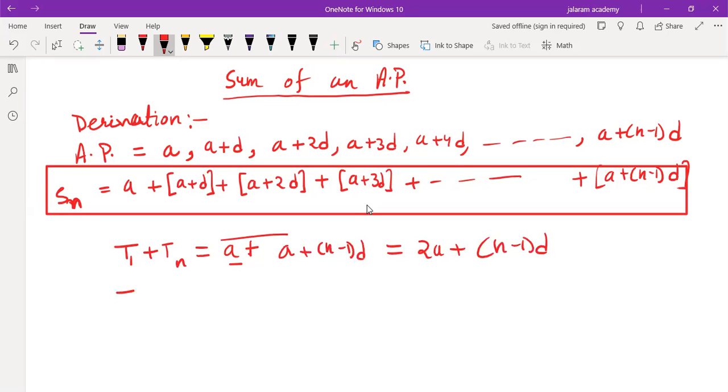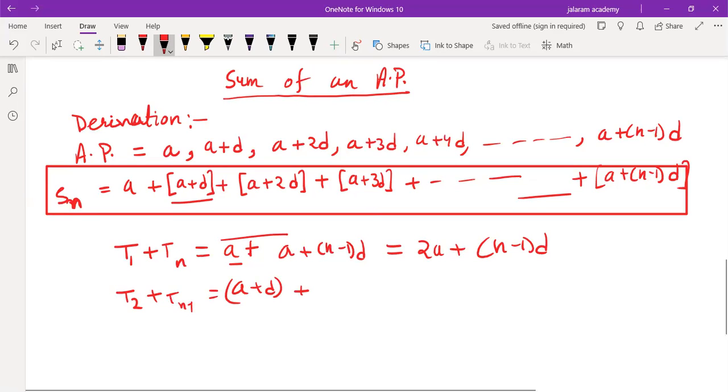Now if you write the sum of the second term from the beginning, which is A plus D, and the second term from the end. Can you think about it? What will be the second term from the end? Second term from the end means the n minus 1th term.